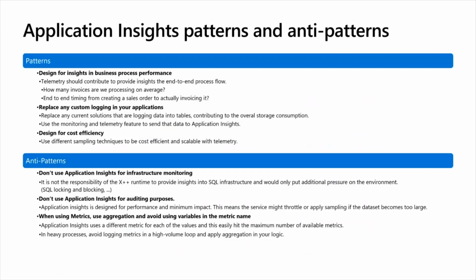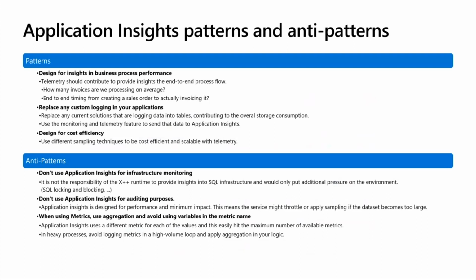Things like how many invoices are we processing on average during a certain time frame? Do we process more or fewer invoices than we typically do? Getting some end-to-end timings, like what's the lead time from creating a sales order to actually invoicing it?